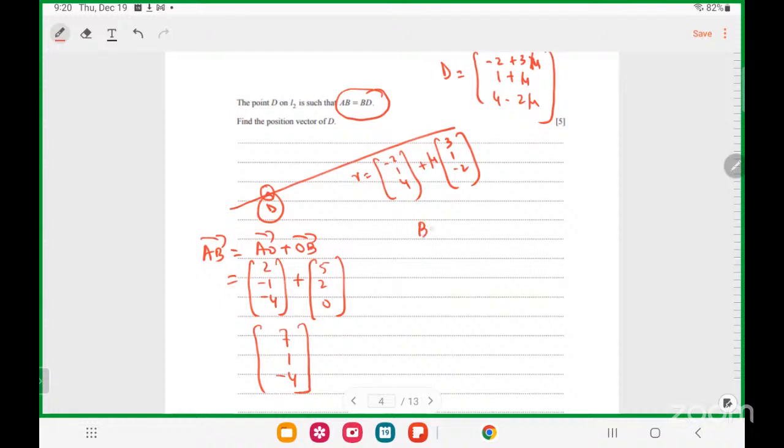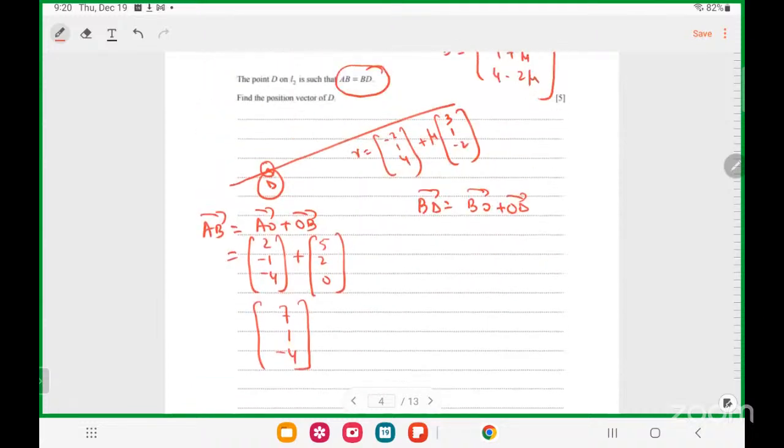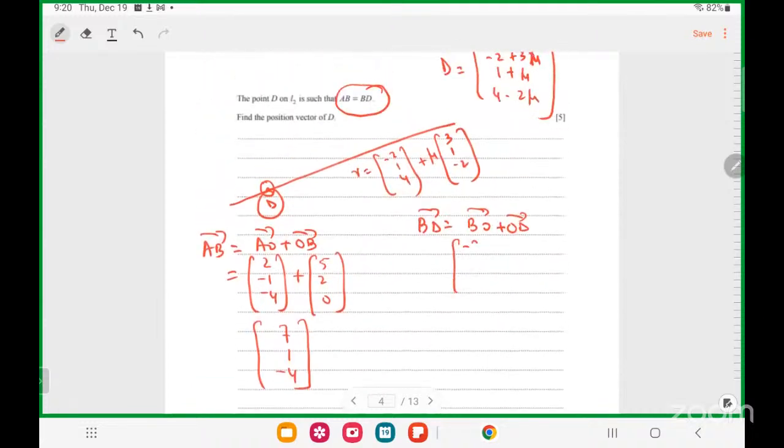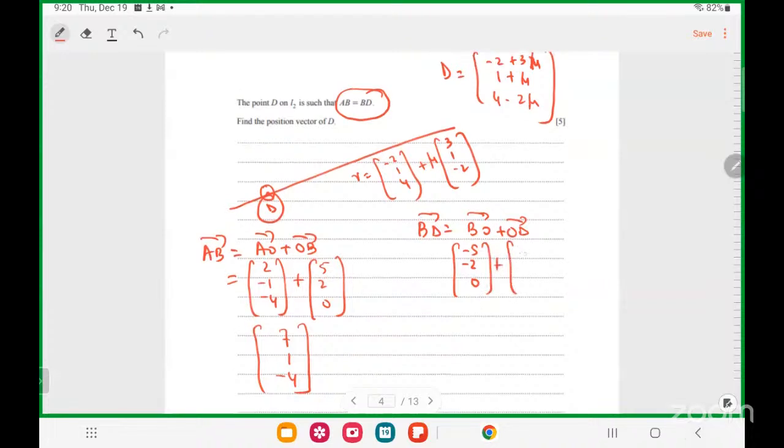So for BD, it will be BO plus OD. BO is minus 5, minus 2, 0. OD is minus 2 plus 3 mu, 1 plus mu, 4 minus 2 mu. Minus 5 minus 2 is minus 7 plus 3 mu.